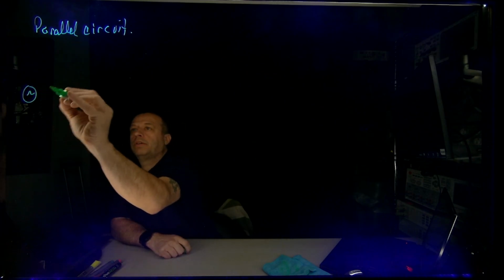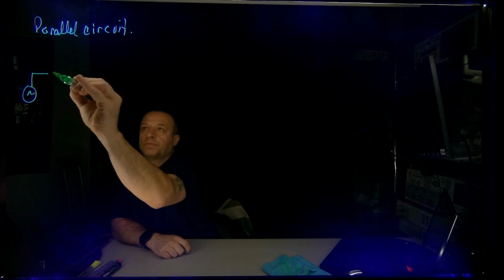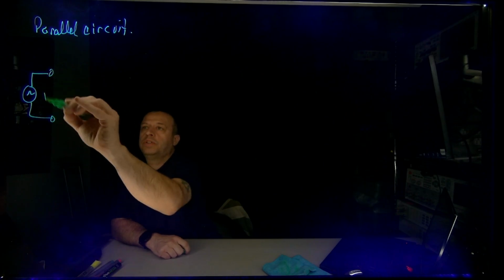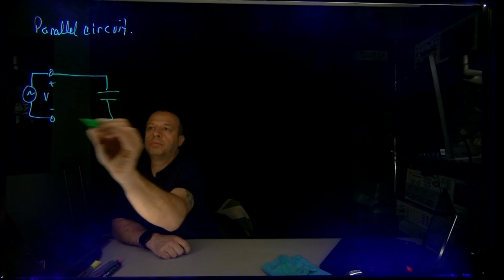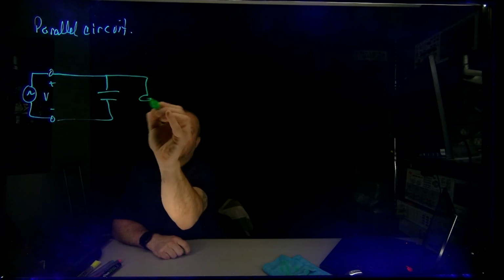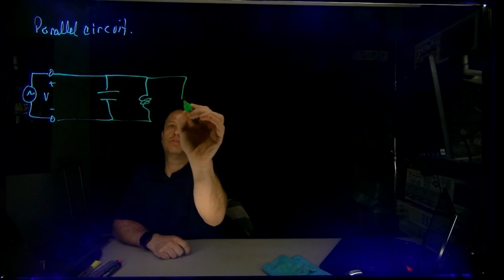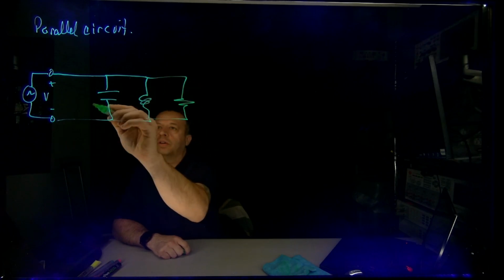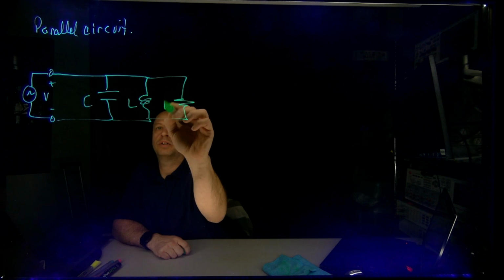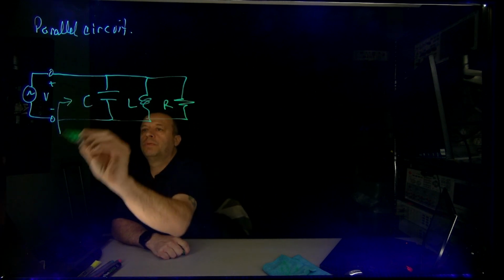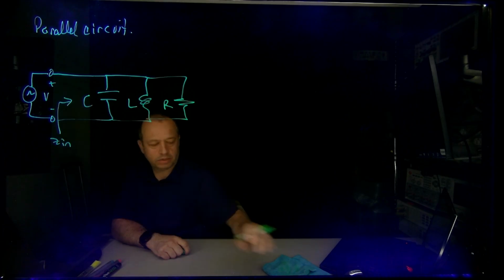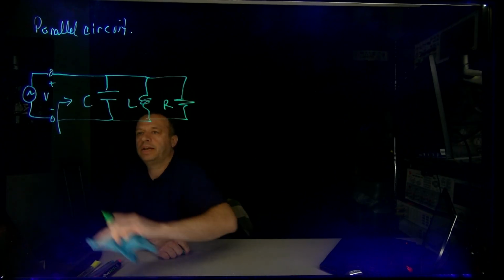Now in your parallel circuit, you have a frequency source, voltage plus and minus. We have some capacitor, some inductor, and some resistor. We're still looking for our input impedance.